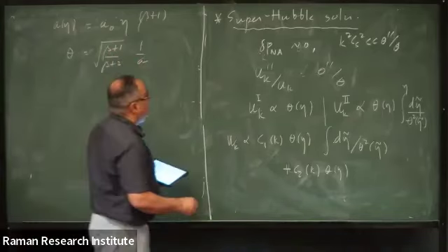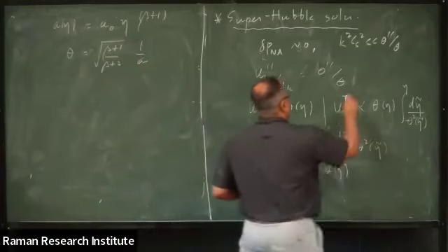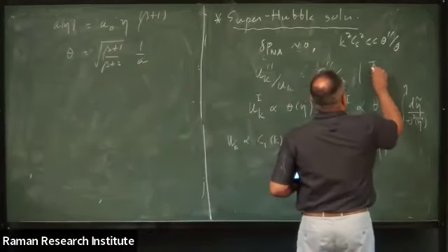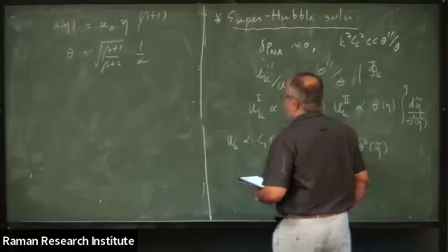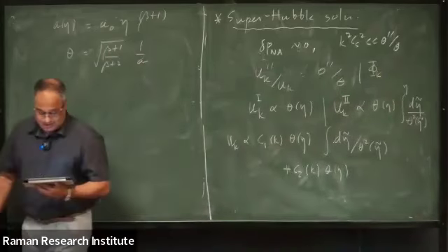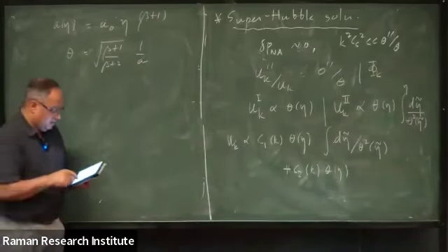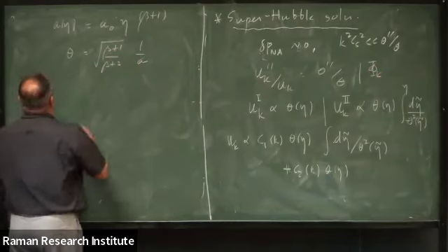And now remember, we are interested in phi subscript k. There was a relation between phi k and u k. So I'm substituting all of it, and what I obtain is as follows.